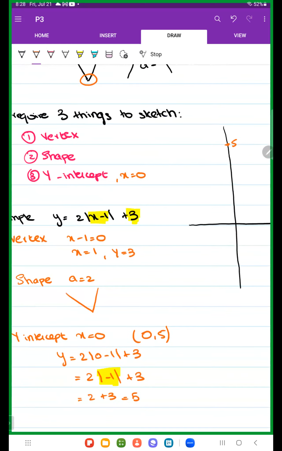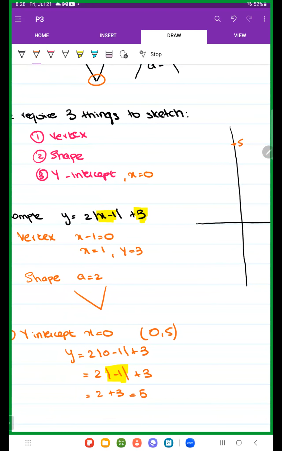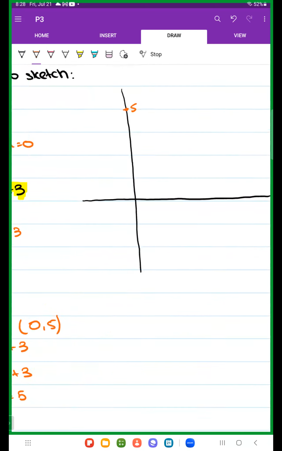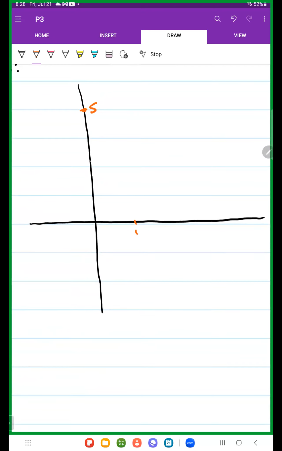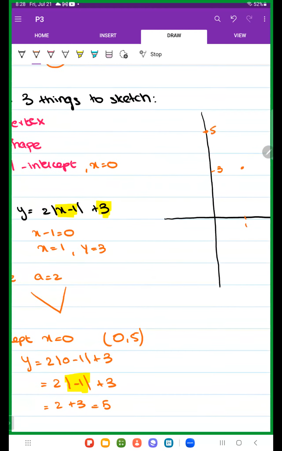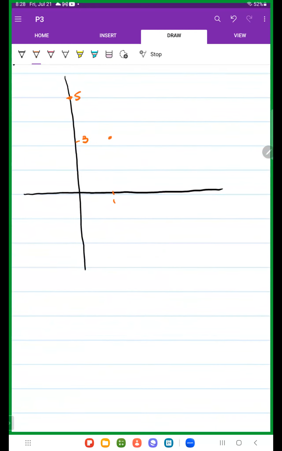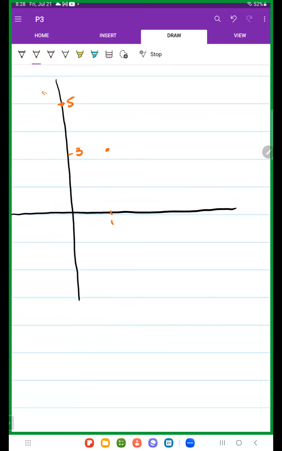And my vertex is (1, 3). So this is my 1. Let's say this is 3. This is my vertex. And this is my shape. So I know the graph would be something like this. Are you clear till here? Okay, great.